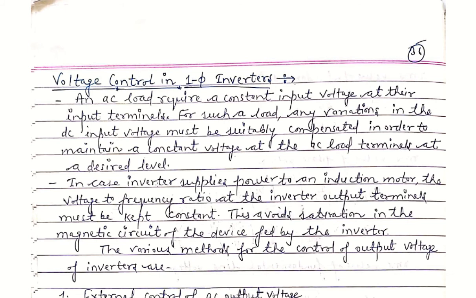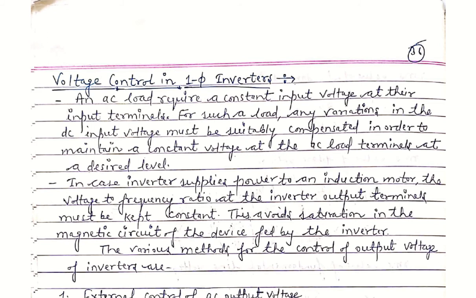In case the inverter supplies power to an induction motor, which is an AC type of load, the voltage to frequency ratio at the inverter output terminals must be kept constant. So for this AC load, we have to maintain the V by f ratio constant, because this avoids saturation in the magnetic circuit of the device fed by the inverter. The inverter is connected to this induction motor load at the AC output terminals.